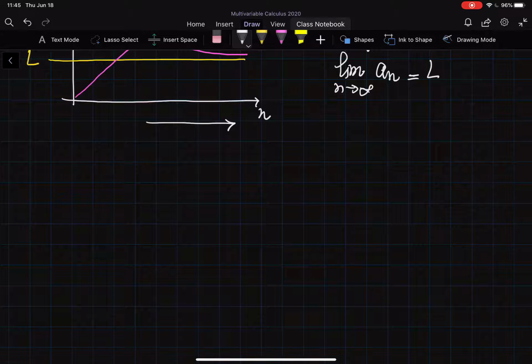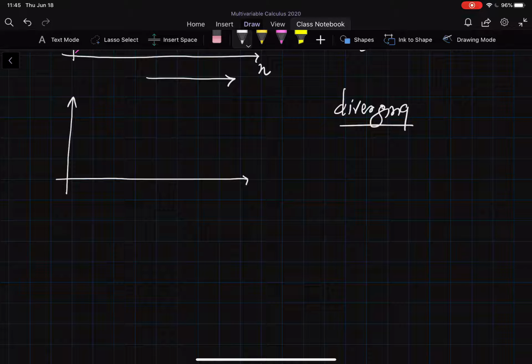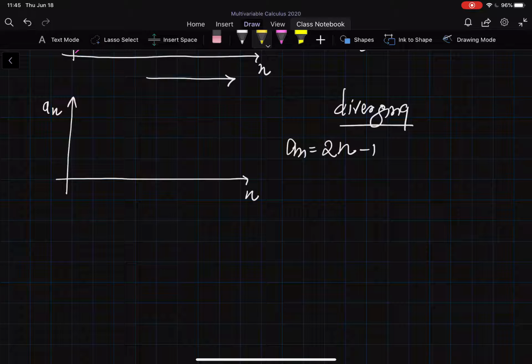Whenever we are talking about diverging sequences, it's a little bit more interesting, I would say. Sometimes you might have a sequence like n, or 2n, or 2n minus 1. As n increases, a_n is also increasing, for example linearly in this case, right?